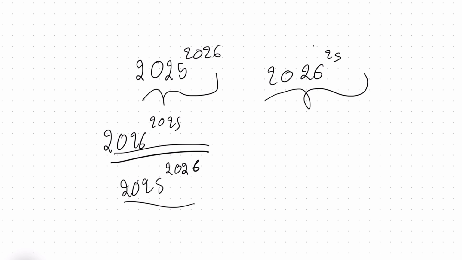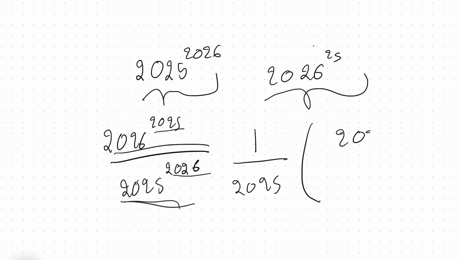What I can do is factor out a 2025 from the denominator so that the numerator and the denominator have the same exponent. So what I end up with is 1 over 2025, since I just factored this out, times 2026 to the 2025, all over 2025 to the 2025, since I factored out 2025 over here.